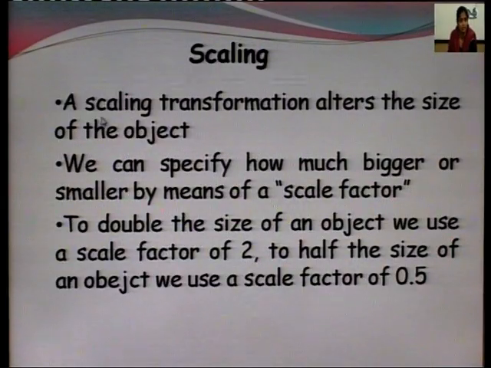As the name suggests, scaling transformation alters the size of the object. In scaling we can specify how much bigger or smaller we want to make the object by defining a scale factor. This scale factor is a positive value. If this scale factor is greater than 1, this means we are enlarging the object.